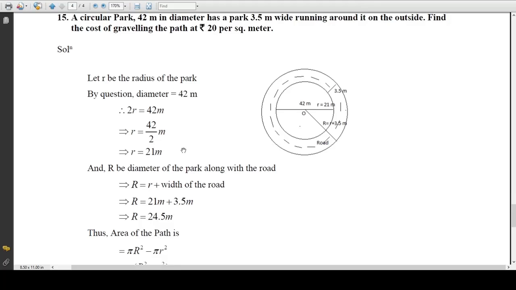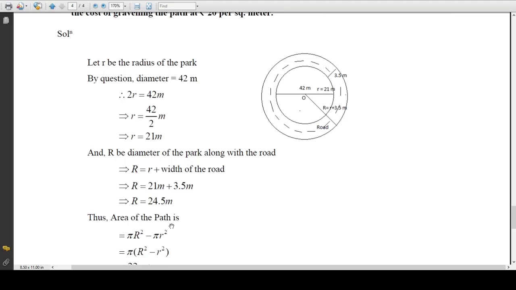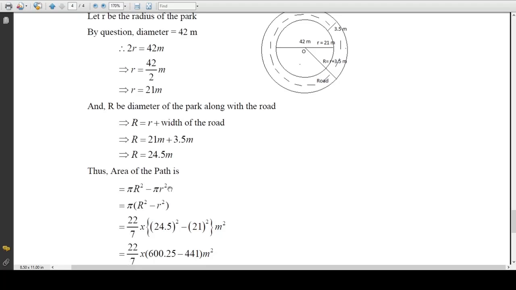Now we have got the inner radius and the outer radius. Just find out the difference between the areas of these two circles. Pi R square minus pi r square, bigger minus smaller, you will get pi times R square minus r square.